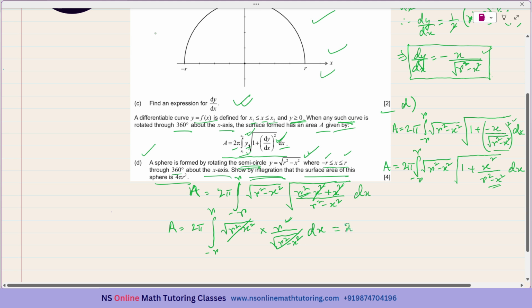So it becomes 2 pi r, integral from minus r to plus r of dx, which is 2 pi r x from minus r to plus r. So this is A equal to 2 pi r times 2r, or equal to 4 pi r square.